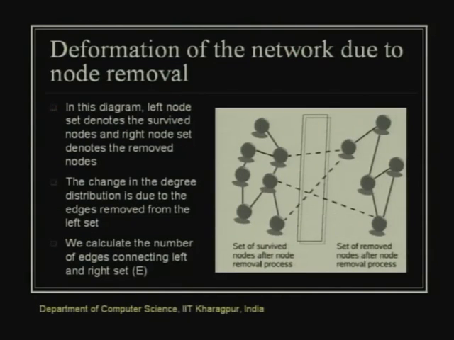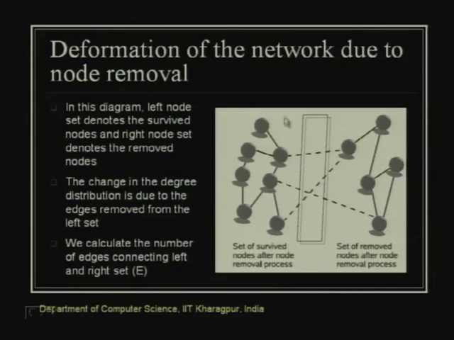So see this first. This is a network, where the left side are nodes which have survived, while the right side are nodes which have been removed. And now my objective is, what is my objective? Finding E, the number of edges.